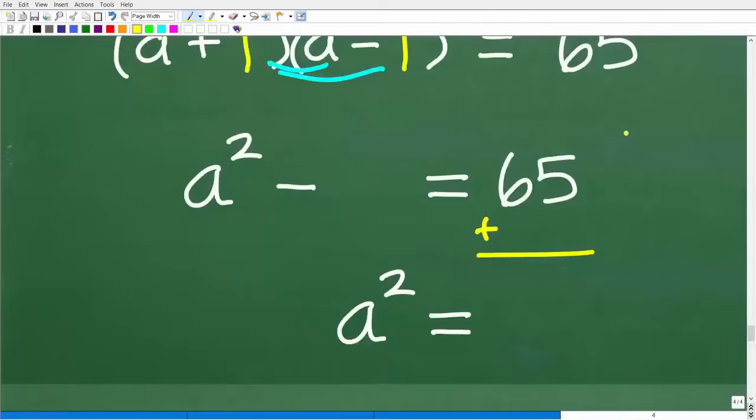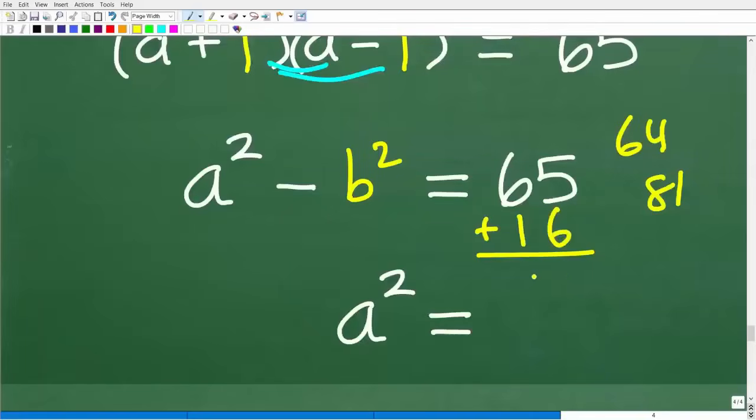You're thinking, I'd like to make this 64, but we can't because this is a squared minus b squared. We're going to have to add. So how about 81? That's the next perfect square. So if we add 16 to the 65, we will get 81. So if we end up with the 81 over here, now we can solve for a.